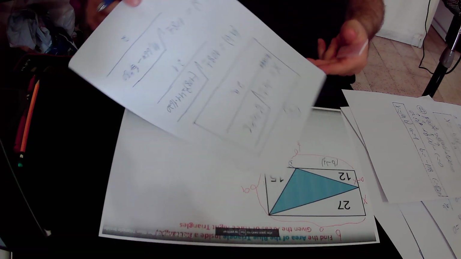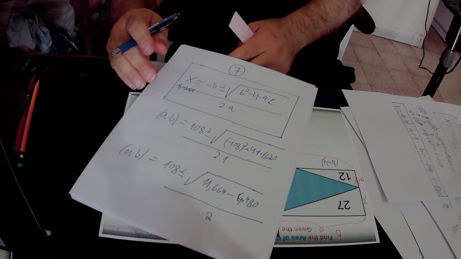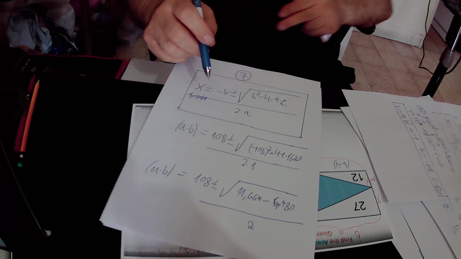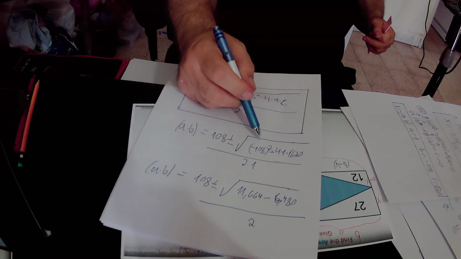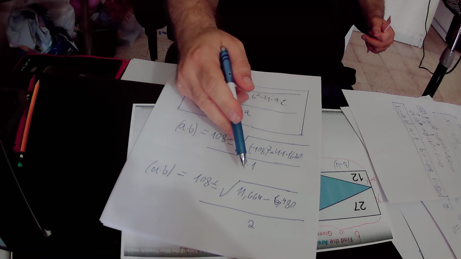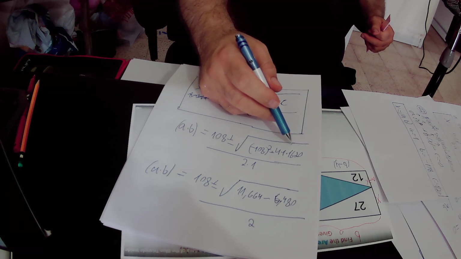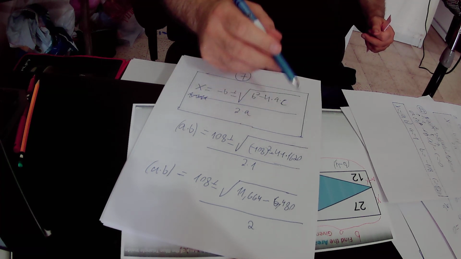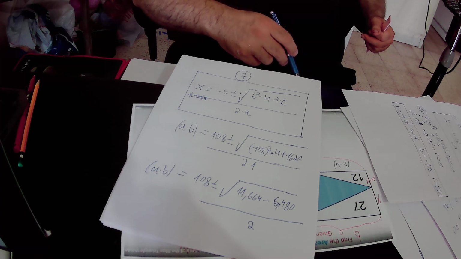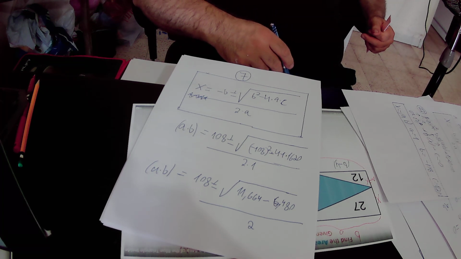Okay, I will repeat again. 108 squared equals 11,664, and 4 times 1 times 1620 equals 6,480.